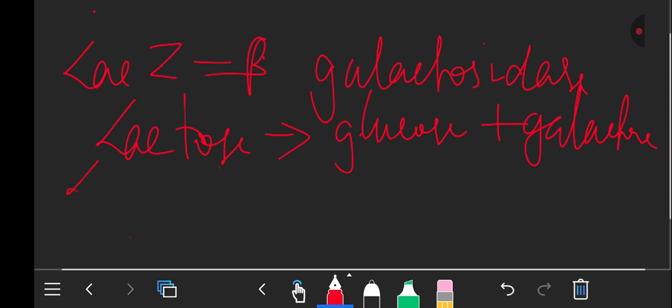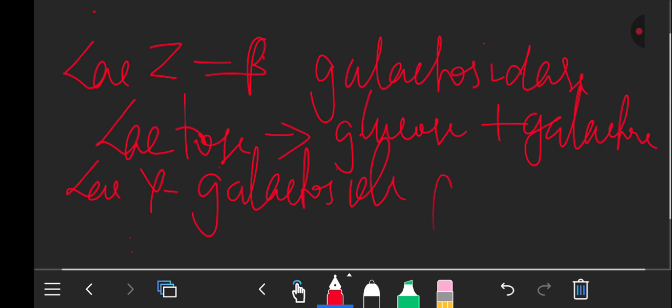Now, what about lac Y? So this lac Y segment also produces an enzyme. The enzyme which is produced is known as galactoside permease. Just from the name, permease, permeable, right?